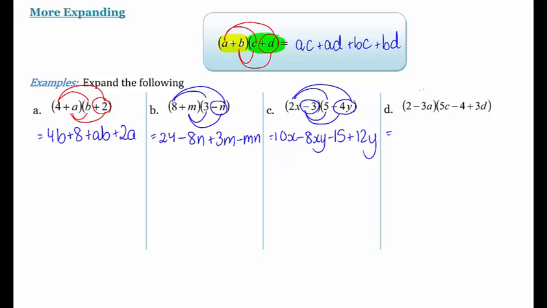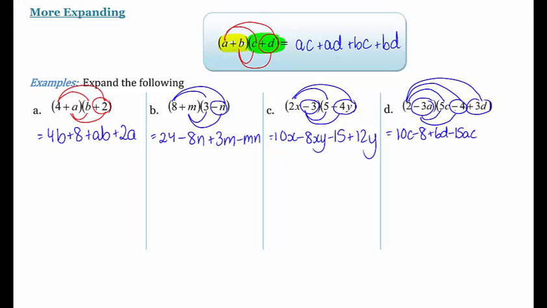Last one, 2 times 5c is 10c. 2 times negative 4 is negative 8. 2 times positive 3d is plus 6d. Now we have negative 3a times 5c is negative 15ac.